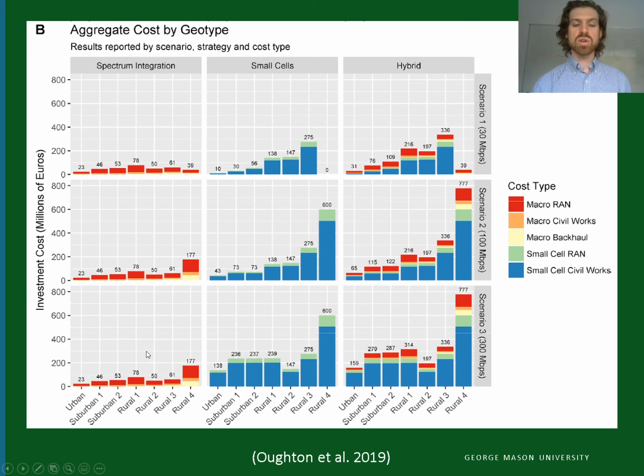You can actually, as a consequence, show many different dimensions of the data set that you might want to show. So for example, here we have plots representing across the x-axis the actual scenarios that we tested within the model, and then also on the y-axis we have the different strategies that we tested for deployment for 5G.